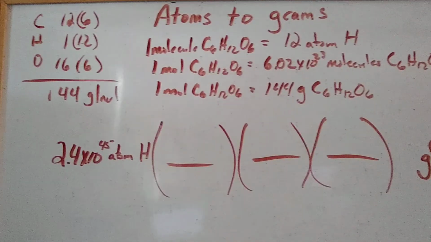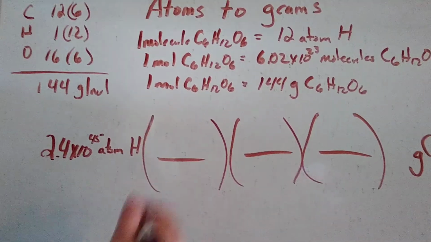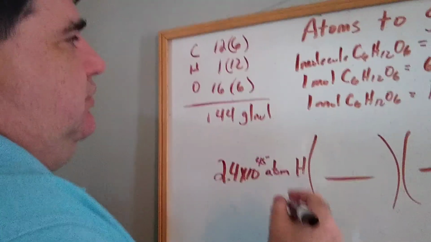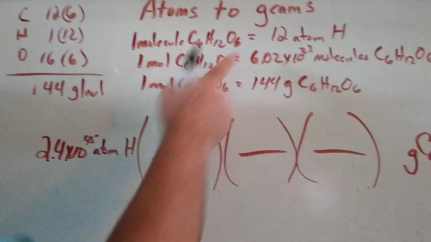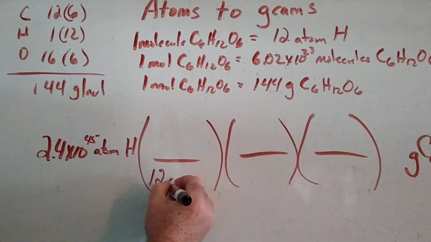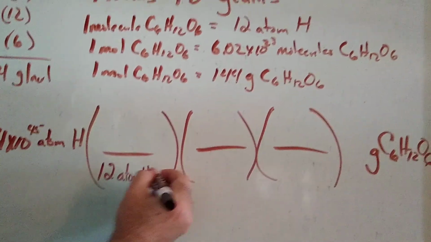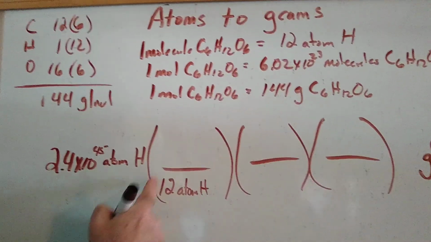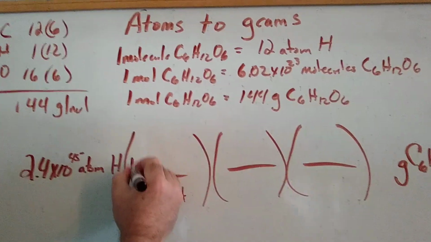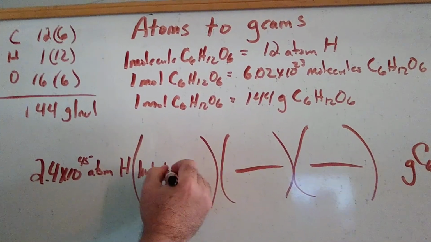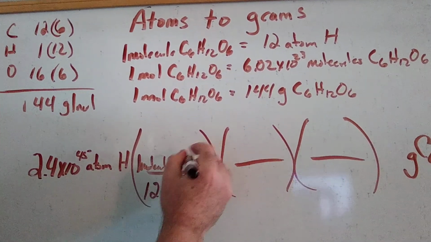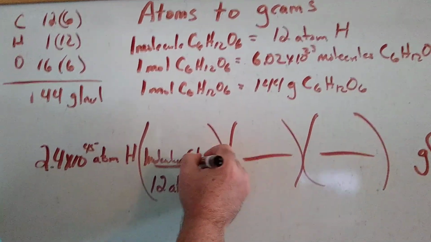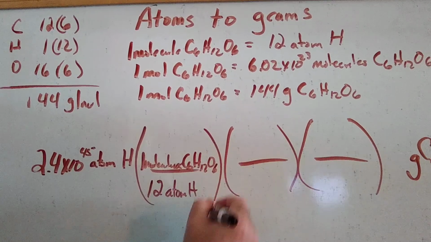So those of you that figured this out or did this in your notes, kudos. You did a great job. So we start with this. We got 12 atoms of hydrogen is going to be 1 molecule. And again, this is why you got to write that whole word out. Molecule of C6H12O6.